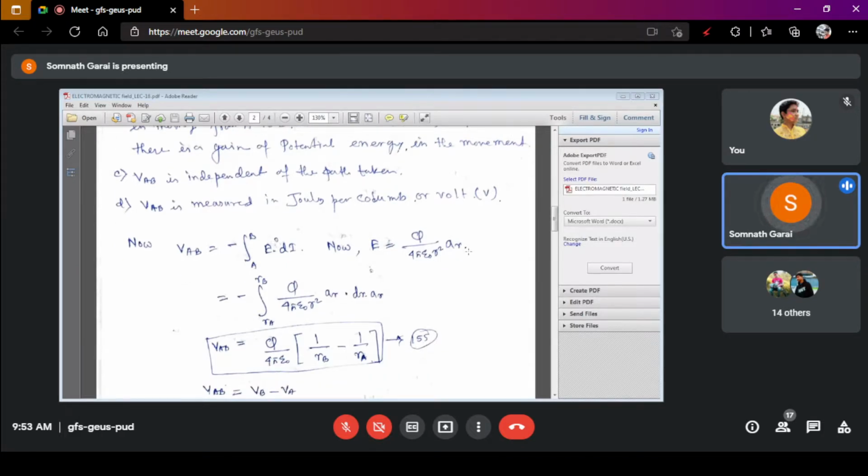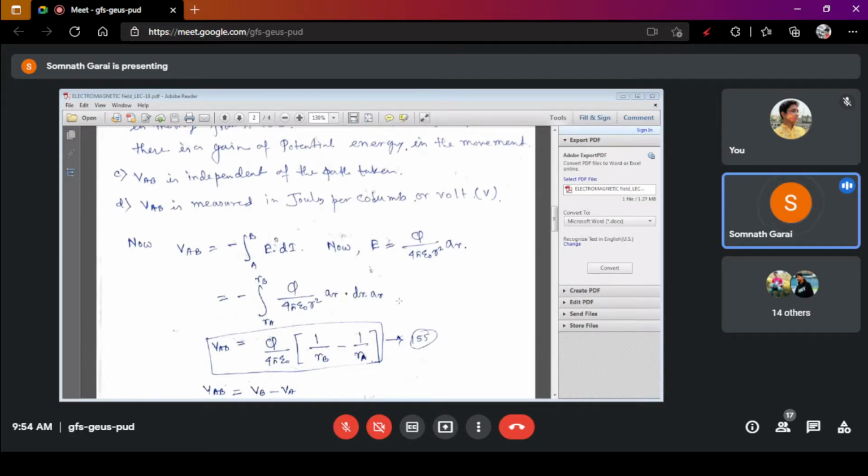Now we put the value of E in this equation. So E dot dl is Q by 4 pi epsilon naught R square aR dr dot aR. Now aR dot aR, the dot product, equals 1, right?